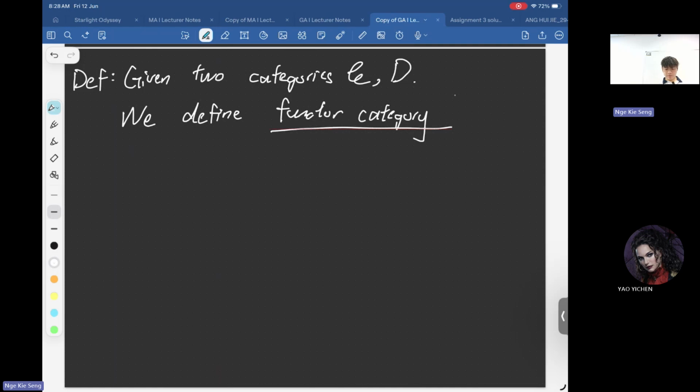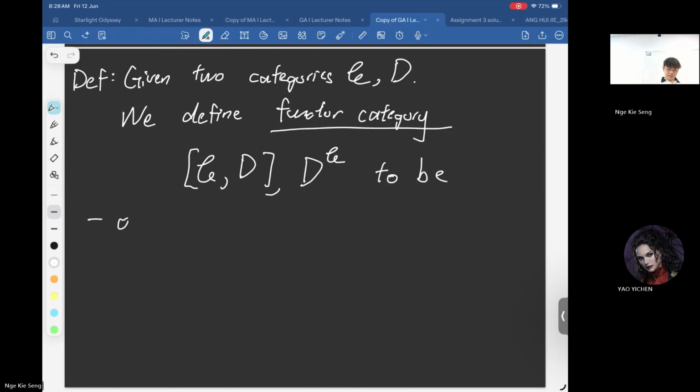This functor category we will denote as bracket CD or D to the superscript C. This is a bit like the notation in set theory, the maps from C to D. The objects here are just functors from C to D.